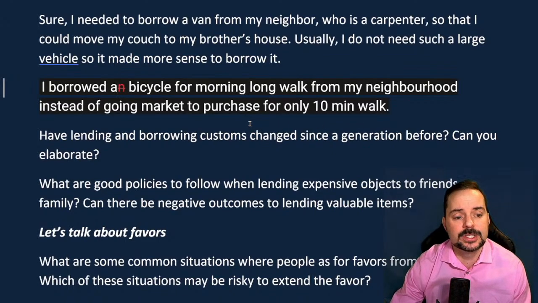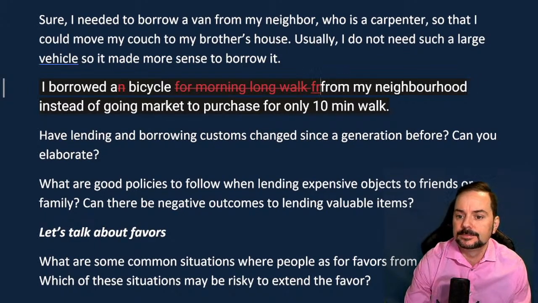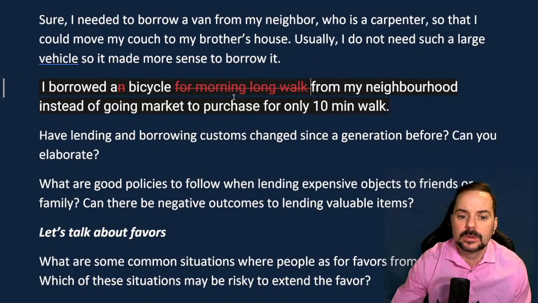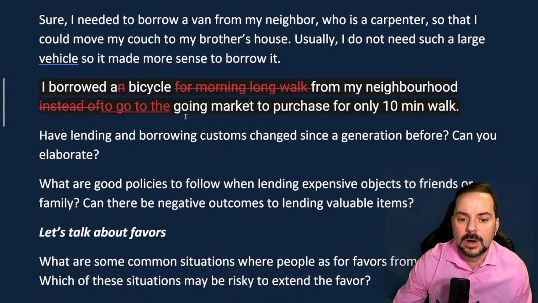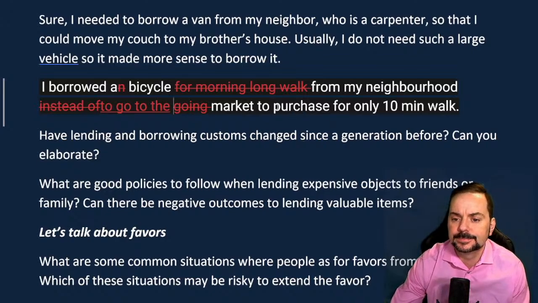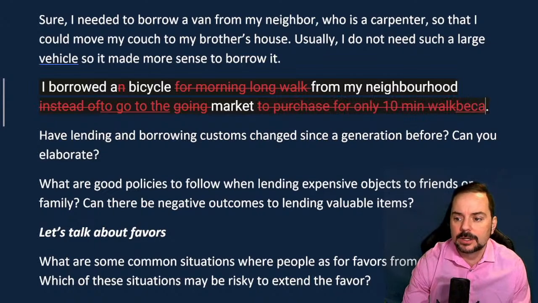Okay, I'm not sure what you're saying, Bakrat, but I'm going to guess. So I borrowed a bicycle from my neighbor to go to the market because I did not have time to walk.